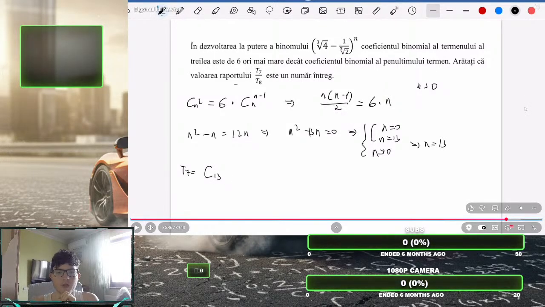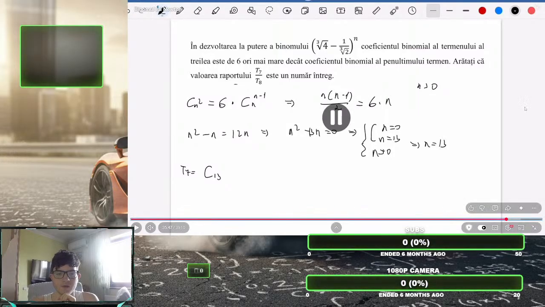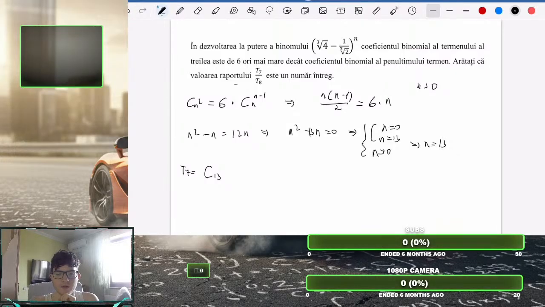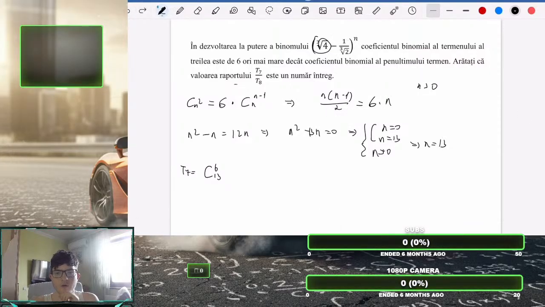Now we have to calculate T7 and T8 and do the division. Like I said previously, C13 obviously because that's 13, and the k is 6 because it's 6 plus 1. And now we work with those terms that we have provided right here.